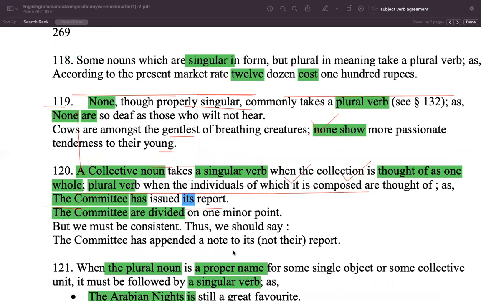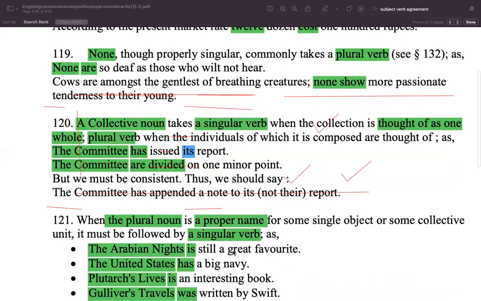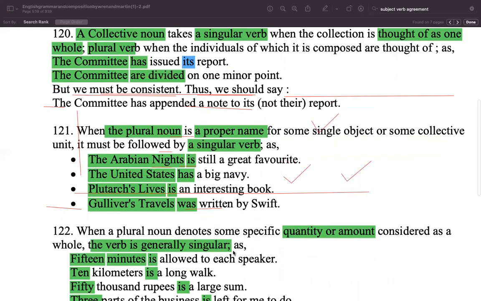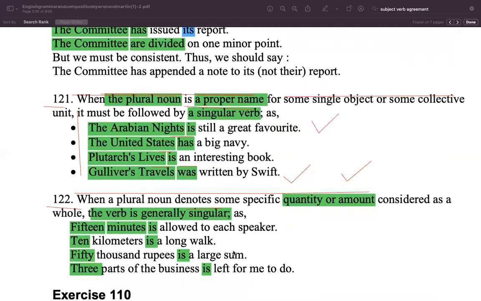You shall go with the plurality, right? Why? Because if you go with the plurality, it will help us determine the idea of seeming singular but working plural. But if you use a singular verb, then it makes it a quantity or amount, right?